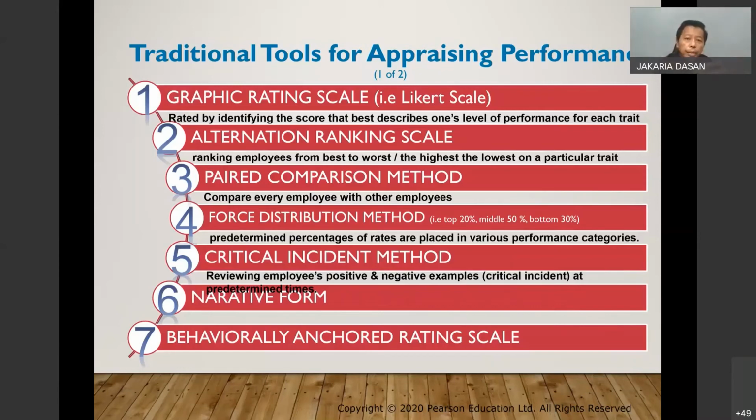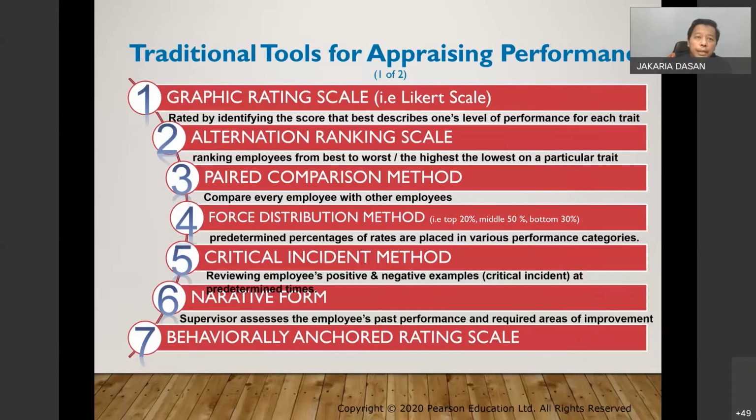Based on those examples of work attitude, which is what we call critical incidents, the employer will appraise them accordingly. The sixth tool is the narrative form, basically where supervisors or managers write something, in written form, about the performance of an individual.